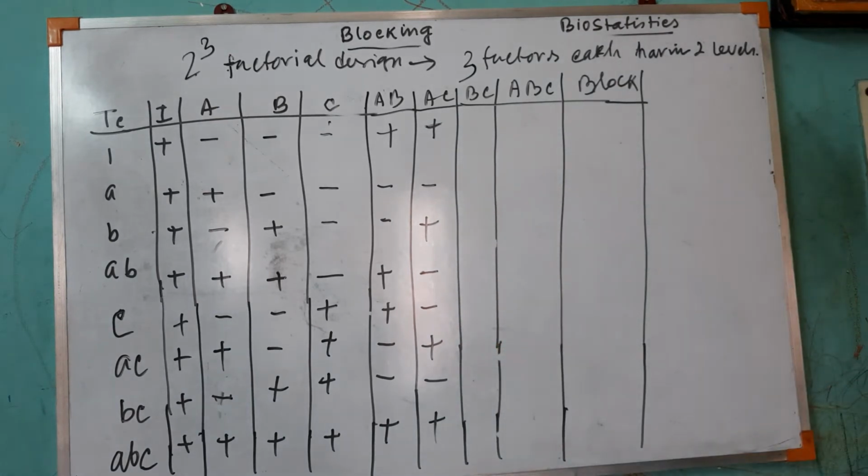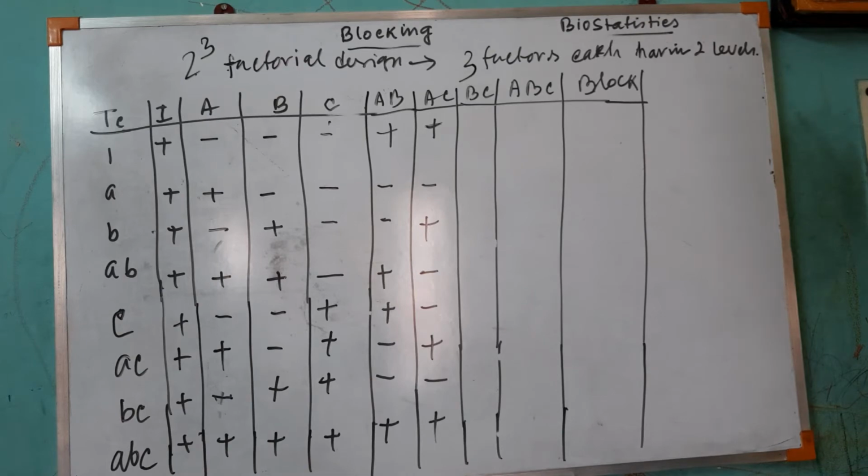Equal number of positive and equal number of negative. So AB, AC: plus, minus, plus, minus, minus, then plus, minus, plus.